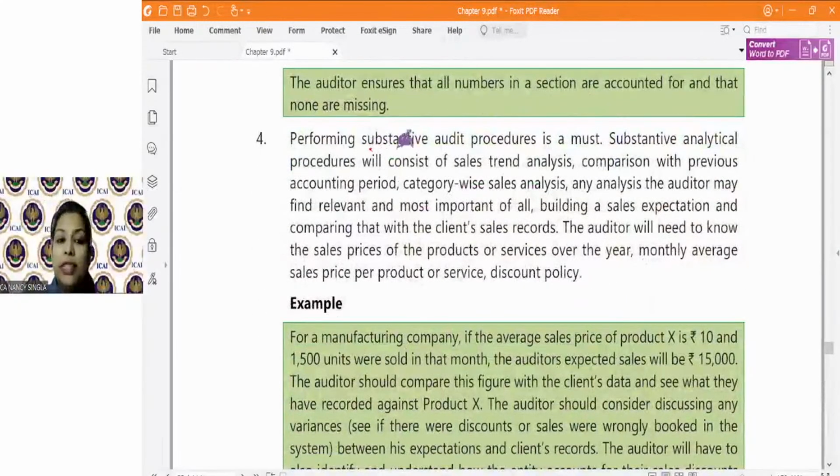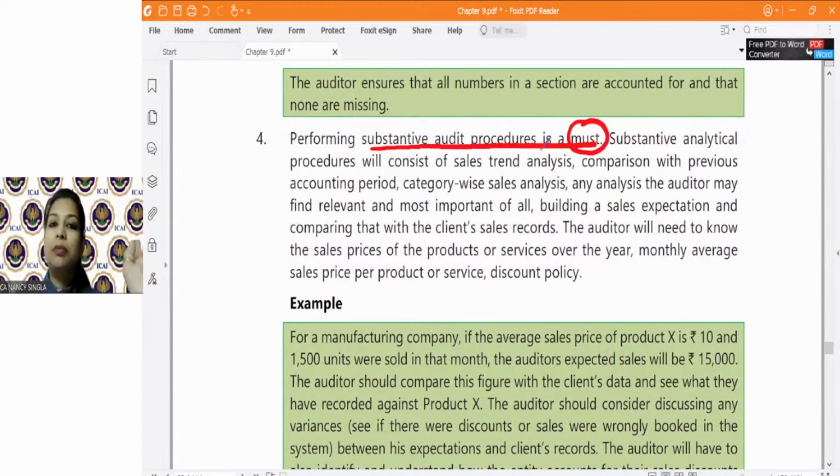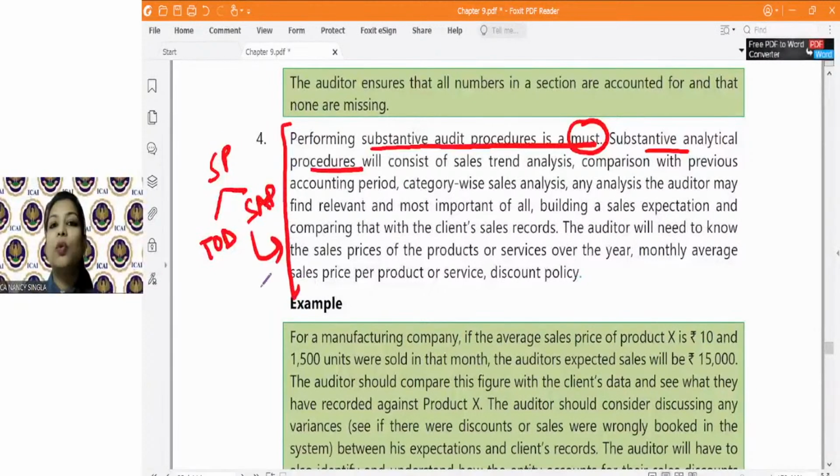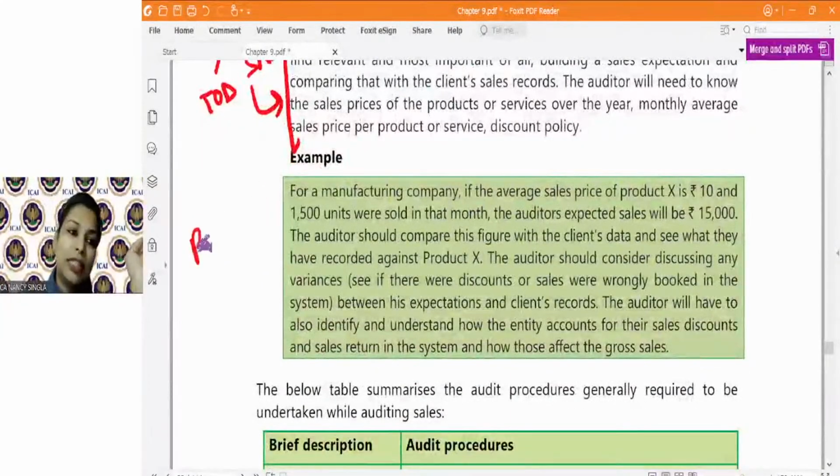Auditor will perform what? Substantive audit procedures. So substantive testing is a must. Now substantive procedures, you all know, can be test of details or substantive analytical procedures. So this paragraph is talking about what? Substantive analytical procedures. So it will consist of sales trend analysis, comparison with previous accounting year, category wise analysis, all that analysis. Okay? And this example is about what?